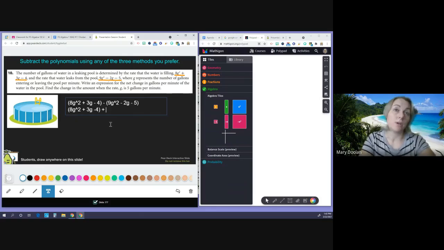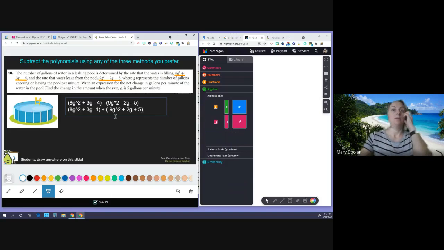And then I rewrite each term as its opposite. So instead of positive 9g squared, I now have negative 9g squared. Instead of negative 2g, I now have positive 2g. Instead of negative or minus 5, I have plus 5.